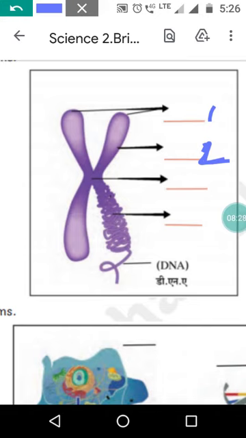The third one is the centromere. Here it is a constriction. So you write here the centromere. And the fourth label, you write the q arm. So in this way you can label this diagram.